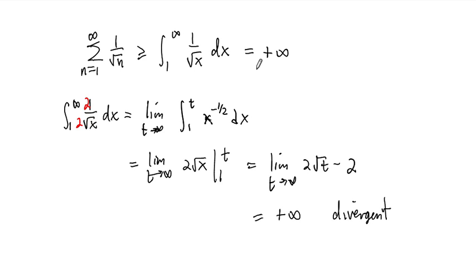And so just by a geometric argument alone, that must be positive infinity itself, or even bigger than this. And so our conclusion is that this sum must diverge. So the sum 1 to infinity, 1 over square root n, has to be divergent.